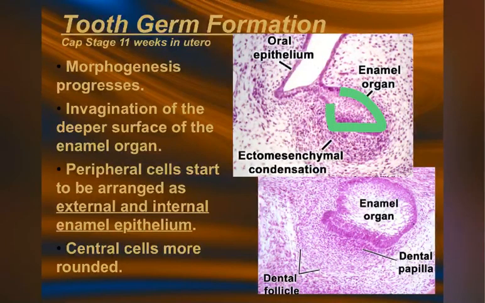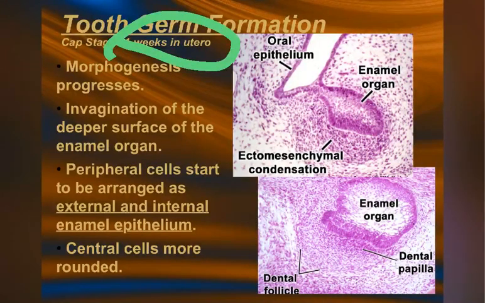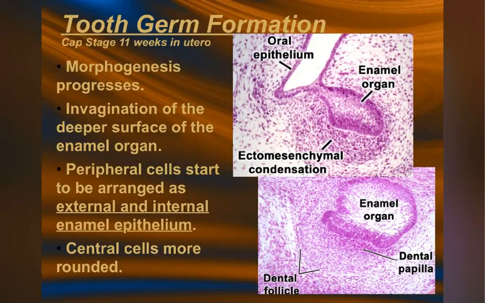The end of the dental lamina, the enamel organ, now looks like a hat, cap. And this part of the cap is straight, this part. See this part? It's almost straight. This is in week 11, early cap stage.